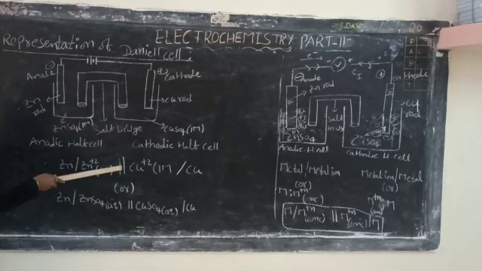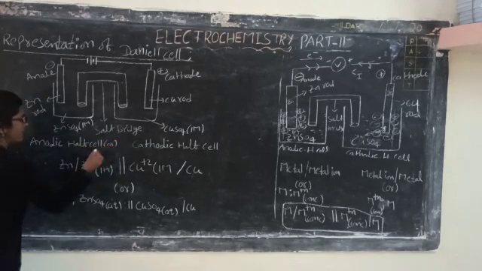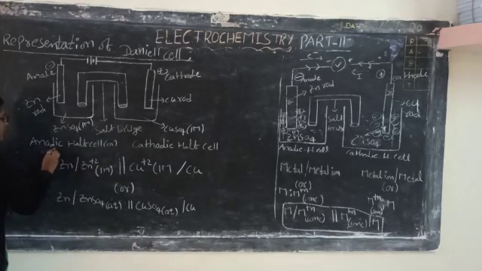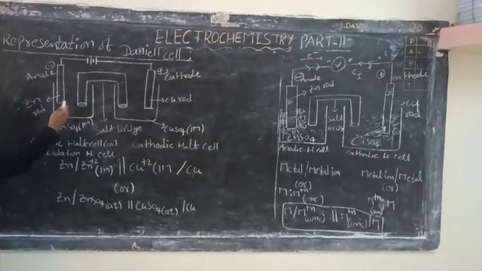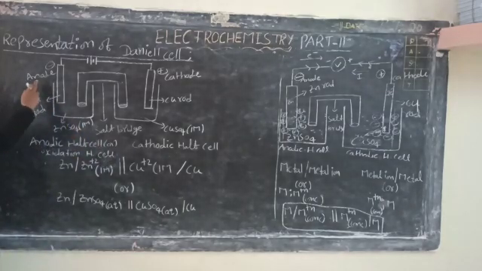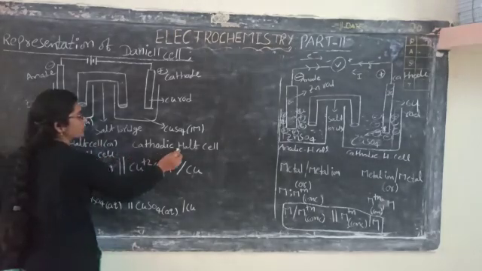After that we write the left hand side. What is the left hand side? The anodic half cell. This is also called the oxidation half cell, because we know oxidation takes place at the anode on the left hand side. What is the cathodic half cell?